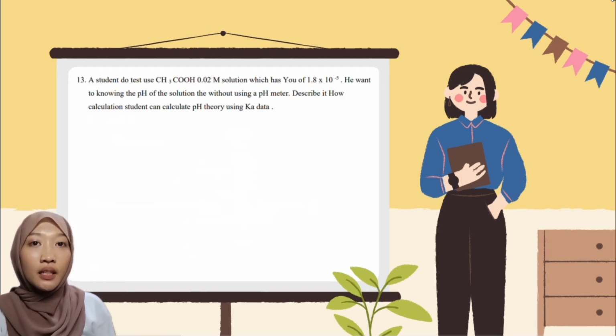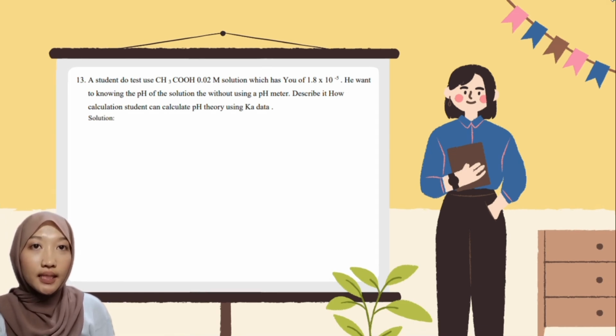Number 13. A student uses 0.02 M CH3COOH with Ka equals 1.8 times 10 to the power of minus 5. Calculate the pH theoretically without a pH meter.